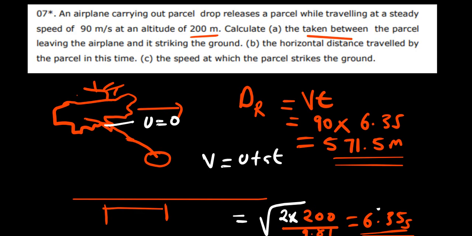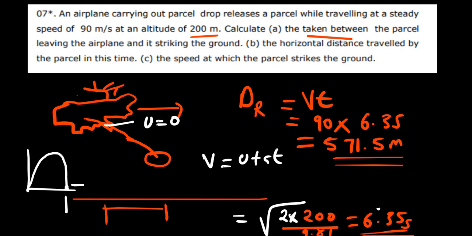Okay, let's try. When a projectile is hitting the ground, let's say it goes like that, and when it hits the ground, it will have the x component and the y component. So it means you have to find the speed both in the x component and in the y component.